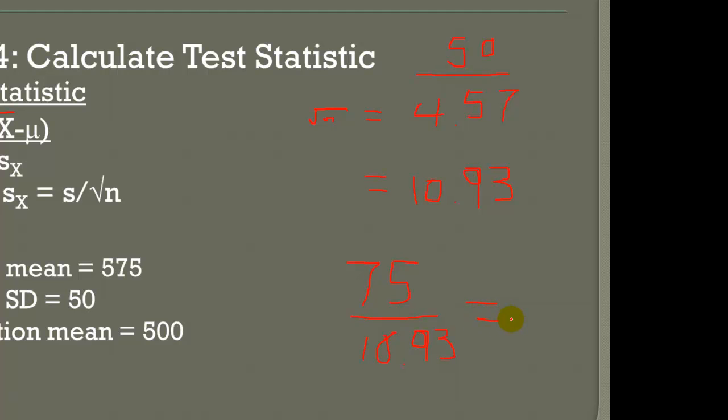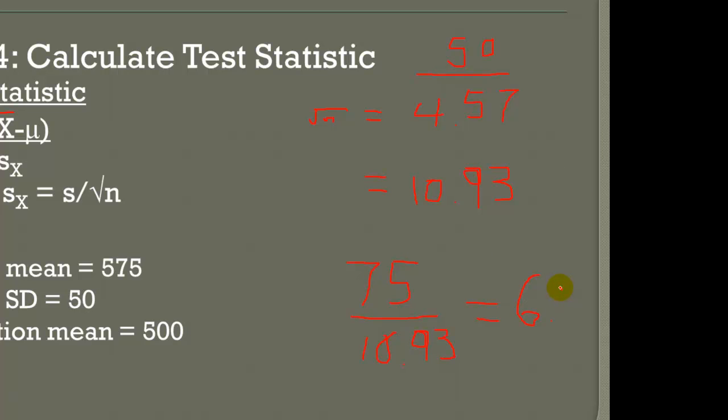If we were to actually calculate that out and round our results, we would get a t-value of 6.85. That's what I get trying to draw with my right hand on a mouse when I'm left-handed. Let's try this again.